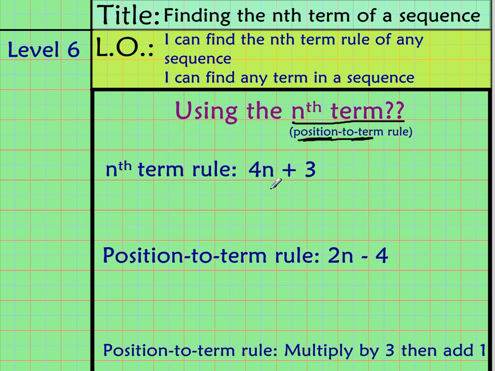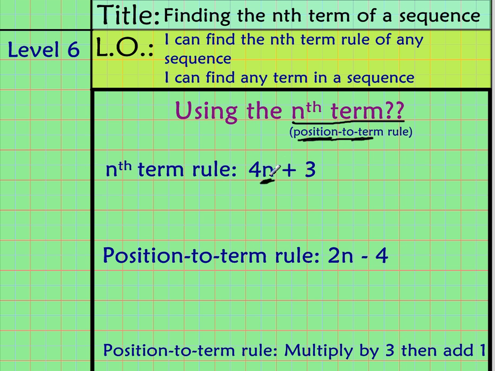Okay, 4n plus 3. And all this means is that this n here simply stands for what position in the sequence, which number: the 10th number, the 50th number, the 937th number, as we looked at earlier, the 2000th number. Which number in the sequence am I looking for?